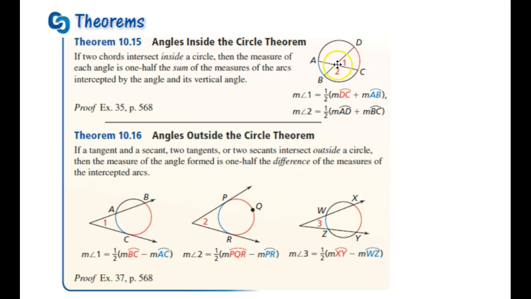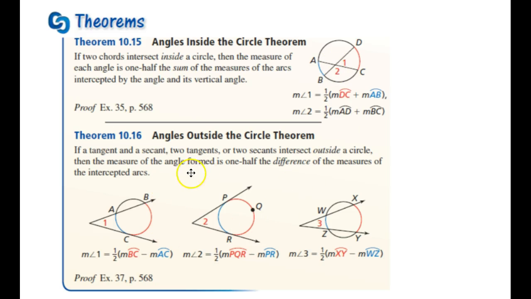Angle 1 is intercepting this arc, and its vertical angle is intercepting this arc. So to find the measure of angle 1, I add the 2 opposite arcs and then I divide by 2. Same thing here for the measure of angle 2. I take the 2 arcs that are intercepted here, add them together and divide by 2. That's always my rule if I'm inside the circle.